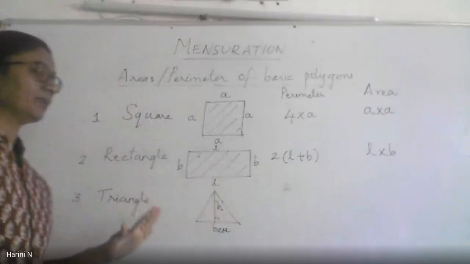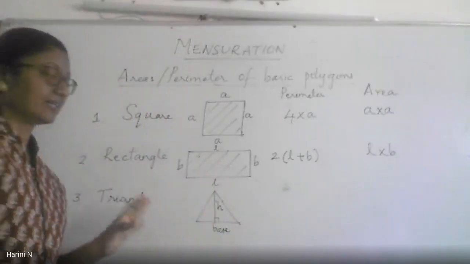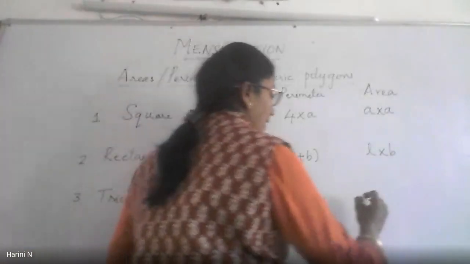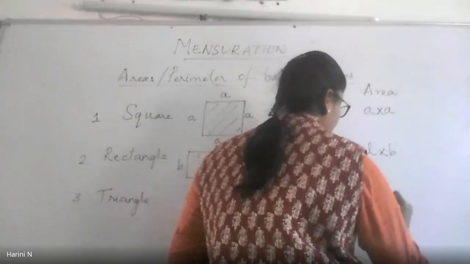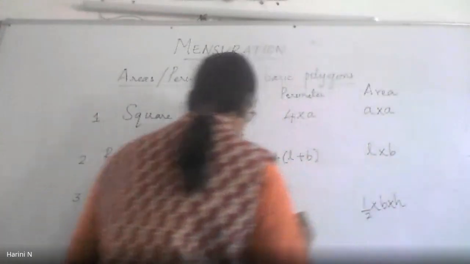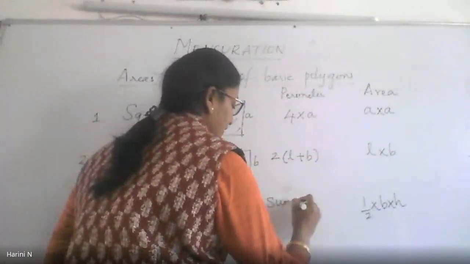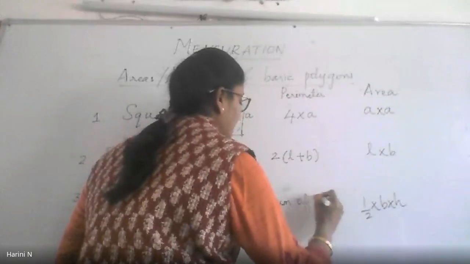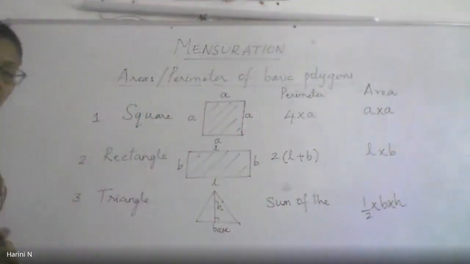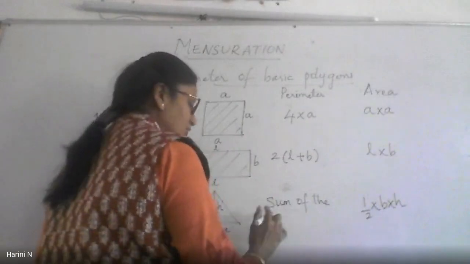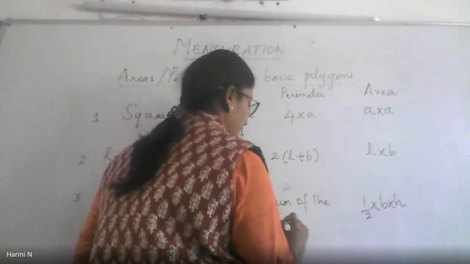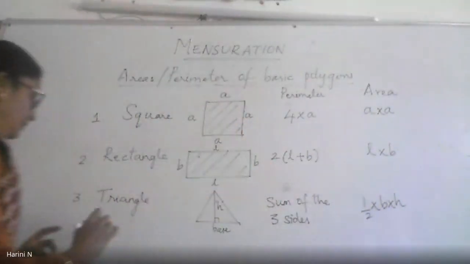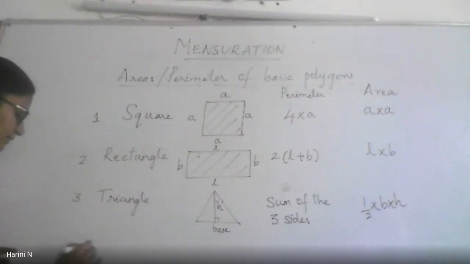But the general formula for any given triangle, we usually write it as half into base into height. Perimeter is the sum of the three sides. So we don't have a particular formula that we have to recall. Only add all the three sides, you will get the perimeter of the triangle. And the fourth figure that we were discussing was the parallelogram.